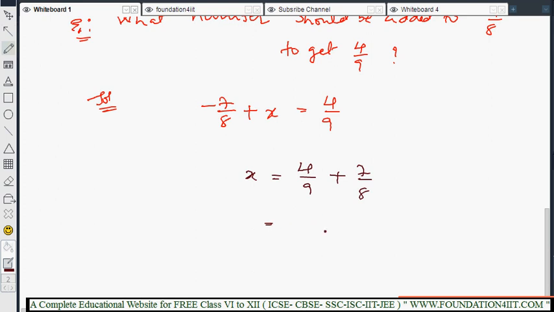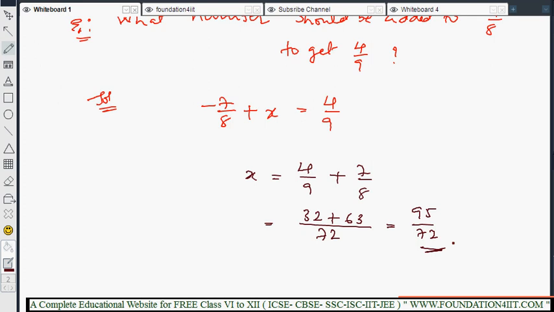The LCM of 9 and 8 is 72. In the 9 table, 72 is 8 times, and 8 into 4 is 32, plus in the 8 table 72 is 9 times, and 9 into 7 is 63. That is 95 by 72. This is the required number. If you add 95 by 72 to the given number, we will get 4 by 9.